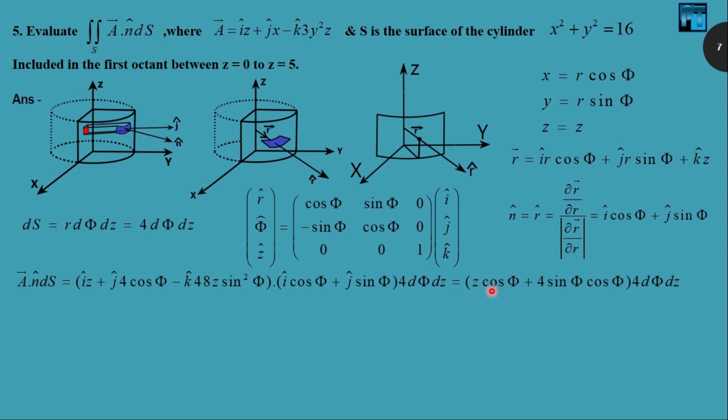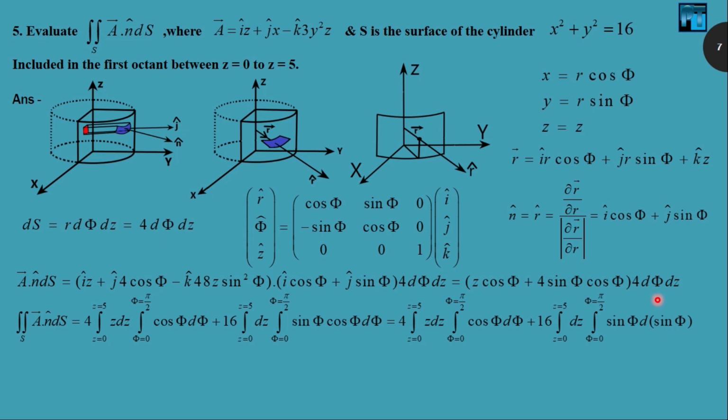Okay, and the result is this thing. See, only phi and z is given, no other variable is here. Okay, so we are right. Now the integration can be divided into z cos phi 4 d phi dz and 4 sin phi cos phi 4 d phi dz.